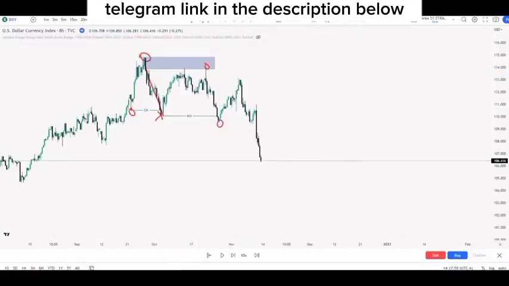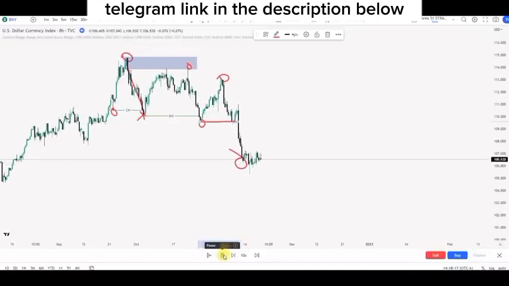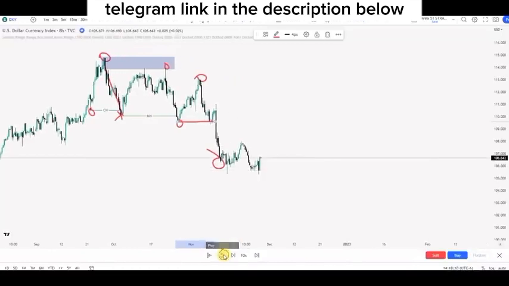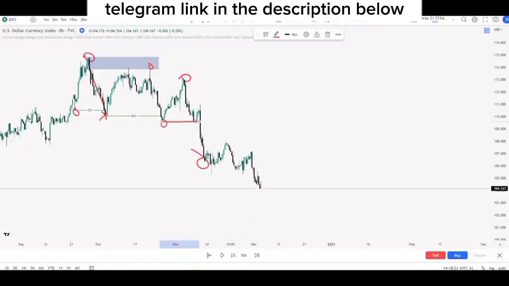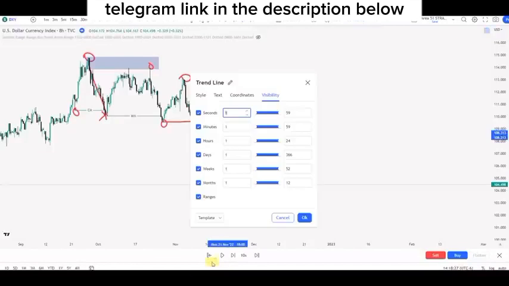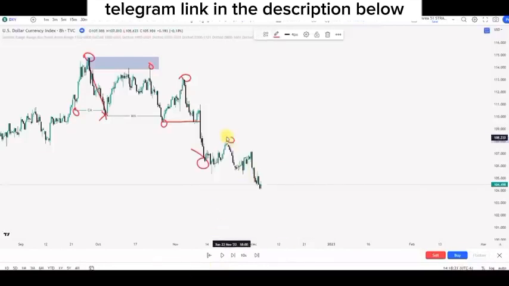So let's say price gives you another lower low, lower high led to lower low, breaking this structure, and now we have another lower high led to lower low, breaking this structure here. Okay, we're still in a downtrend market. Now we have another lower high led to lower low, breaking this structure here.